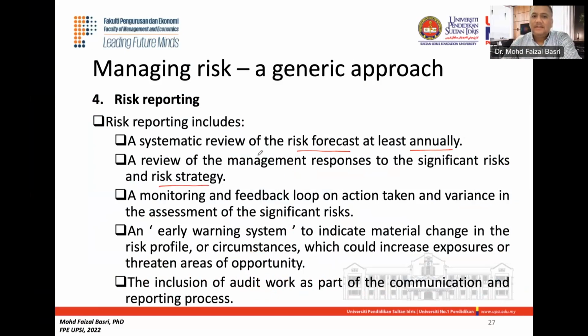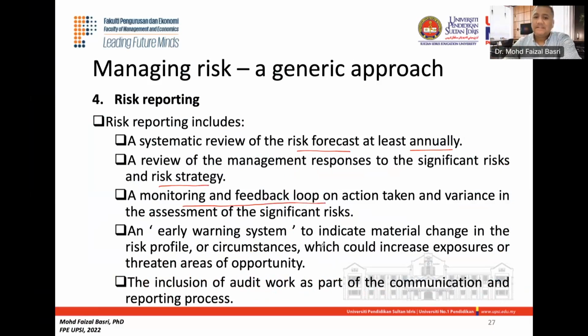You need to highlight this so that management can respond to it and take action towards the risk. Monitoring and feedback loop will always be on in order to ensure the risk treatment is working, or if not working, they can take action in order to improve their risk treatment.